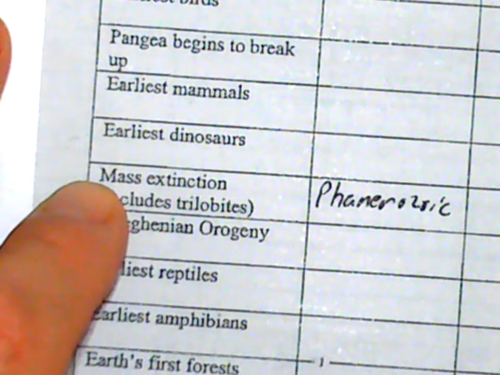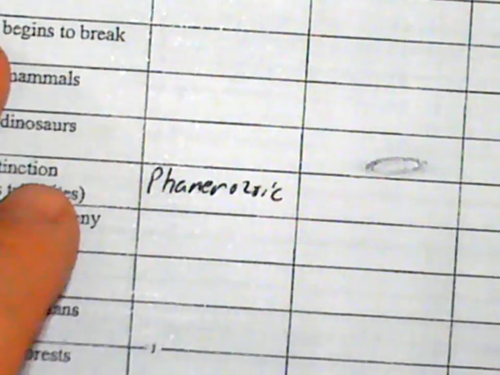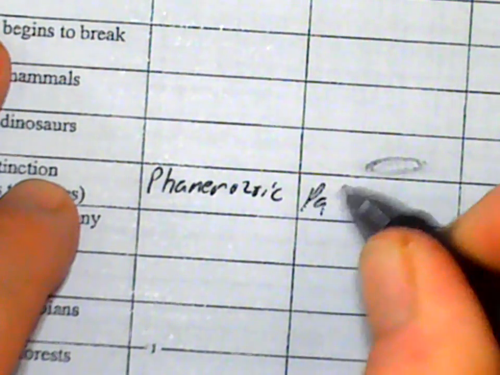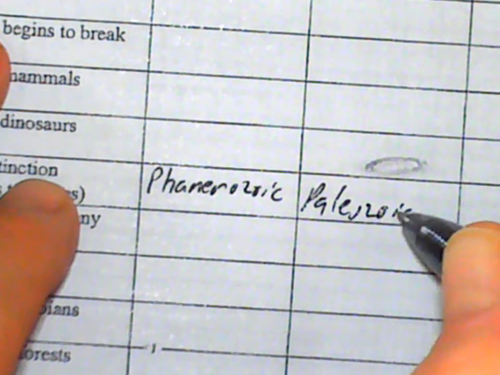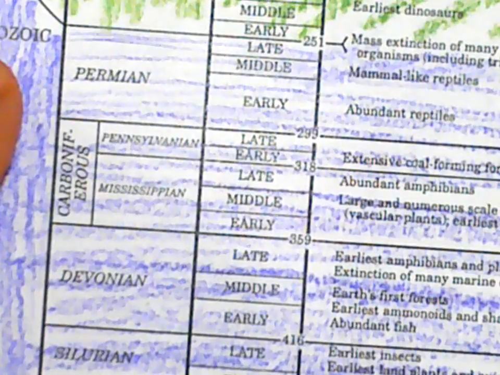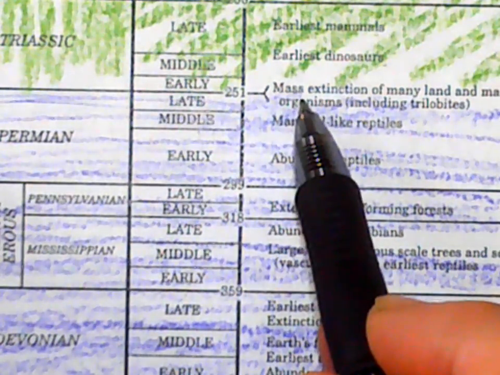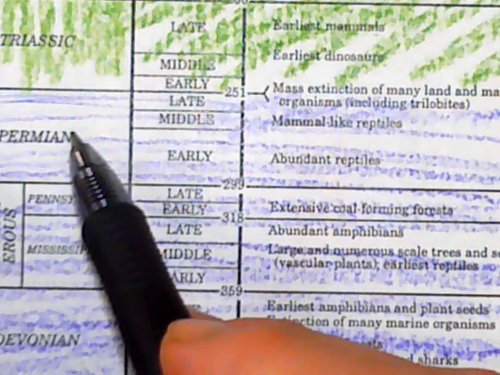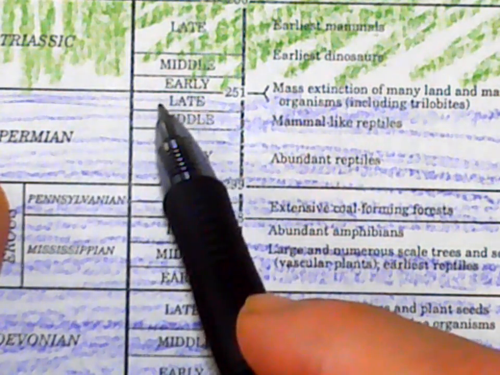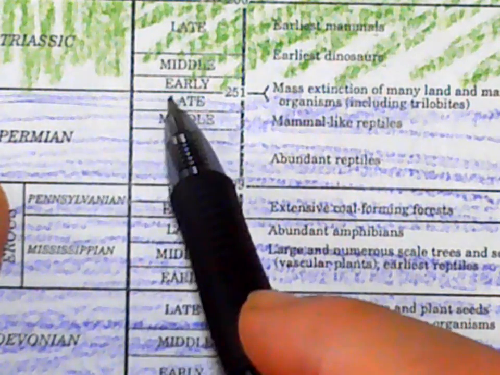I'm sure if you're typing it in digitally, it's going to be easier. Paleozoic. Okay. Now, how do we do this? So, because it's on the line right here, it is at the end of the Permian. So we'd call it Permian period, late epoch.